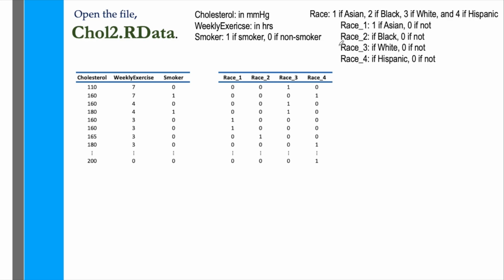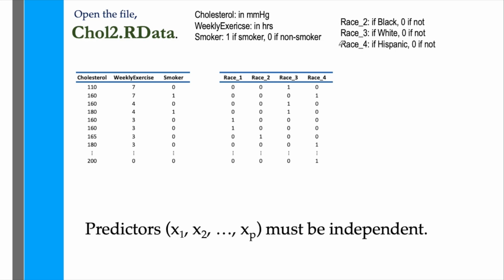However, note that in linear regression, one assumption is that the predictors must be independent. These variables are dependent with each other because this is 1 when everything else here is 0. This is 1 because these 3 are 0. So they are dependent with each other. Now, to make this independent, all we have to do is to remove one of them.